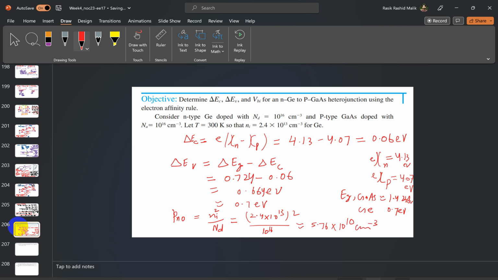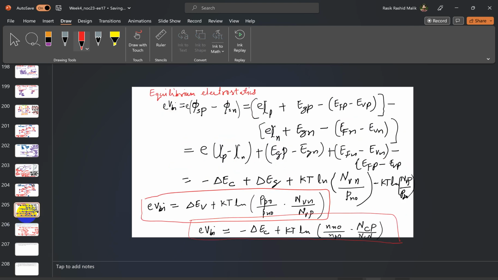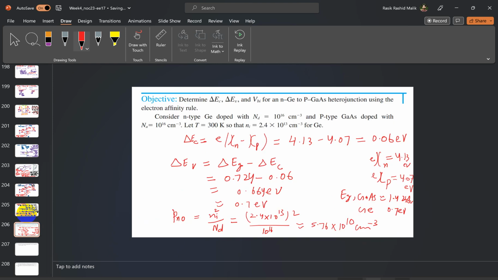And now the other things are simple, because in the relation we have to calculate the Pp0 that we already know. The doping is given as 10 to the power of 16 for the gallium arsenide. So let me insert a new slide now.